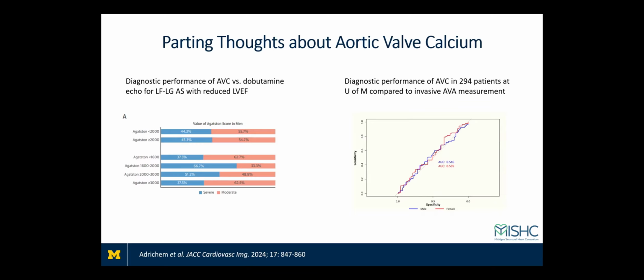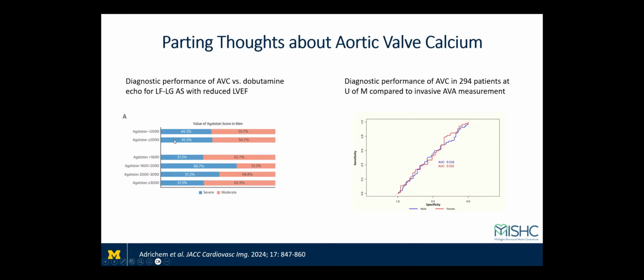there's emerging data that would suggest that maybe we should do this cautiously when we're treating patients. This study out of JACC Imaging, which was published last year, looked at patients who had low flow, low gradient AS with a reduced EF, and they performed dobutamine echo on these patients as the gold standard for the diagnosis, and they compared aortic valve calcium scores to the final diagnosis.